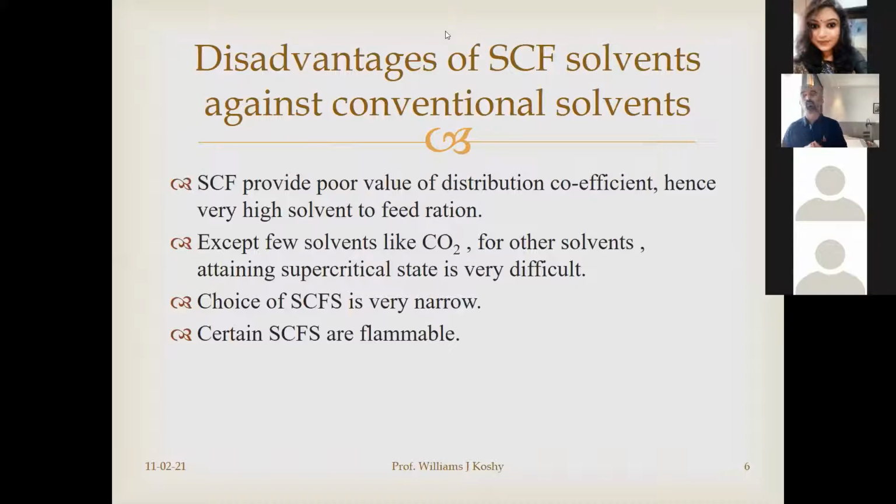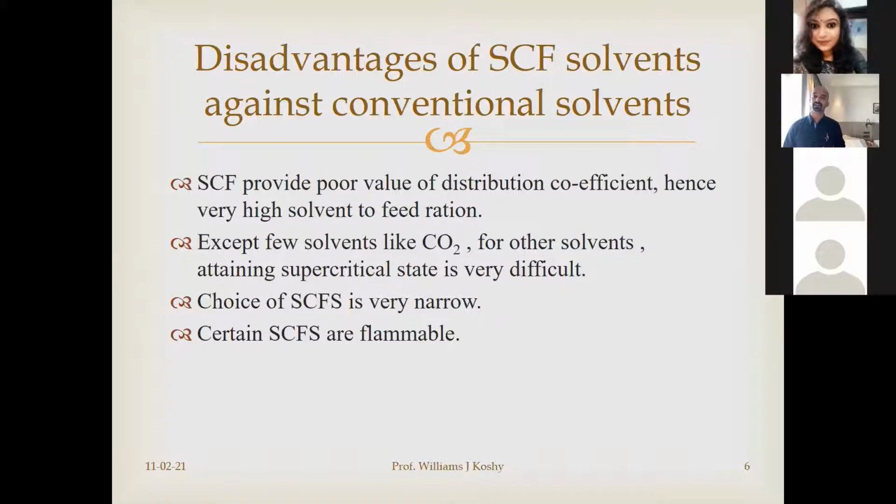Exactly is the case with supercritical fluids. It will selectively procure the solute from your solution, लेकिन you need to use a very large quantity of your solvent. Solvent बहुत ज्यादा यूज करना पड़ेगा. Okay, that is one of the biggest disadvantage as far as your supercritical fluids are concerned.